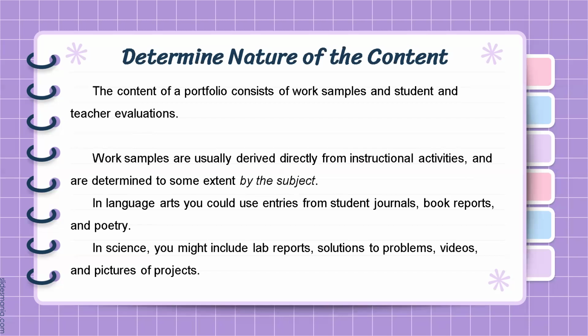For example, in language arts, you could use entries from student journals, book reports, and poetry. In science, on the other hand, you might include lab reports, solutions to problems, videos, and pictures of different science projects.